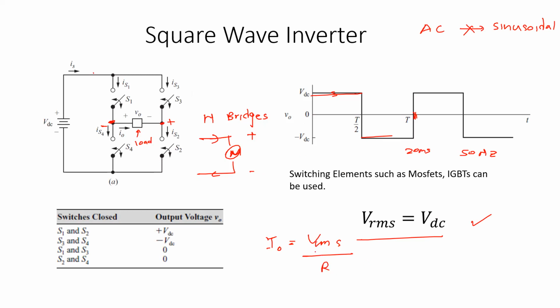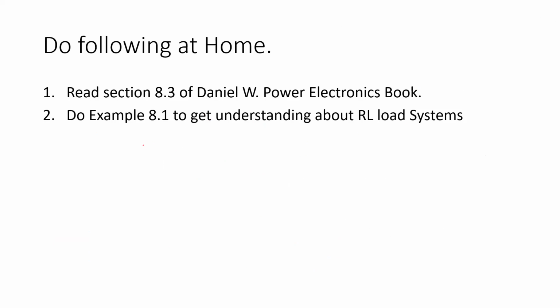When it comes to RL load, this will change. A very good explanation is given in Daniel W. Hart's Power Electronics book, so please read it, very easy. I know you know what happens when you have an RL load: your currents will not change instantaneously. You know inductors can't have instantaneous current changes.